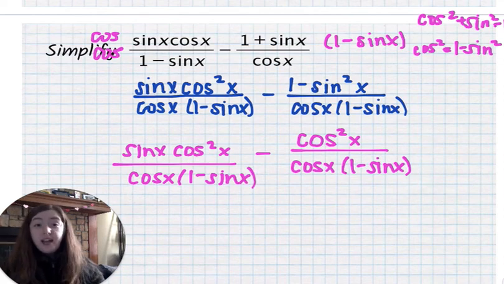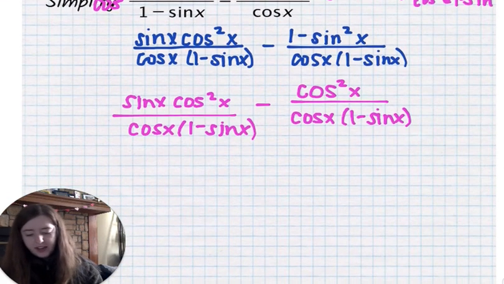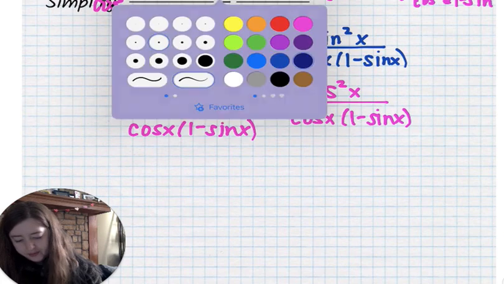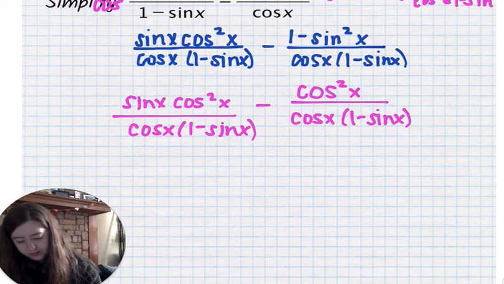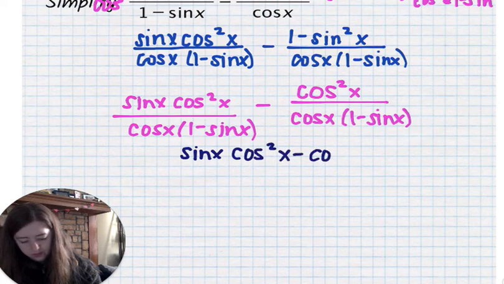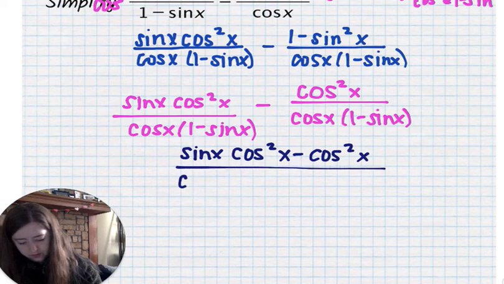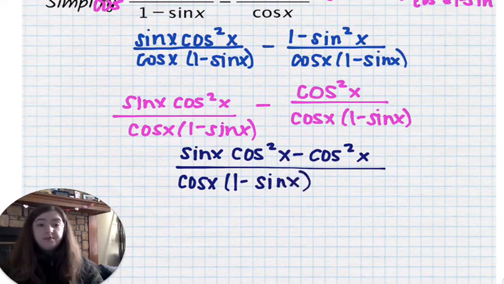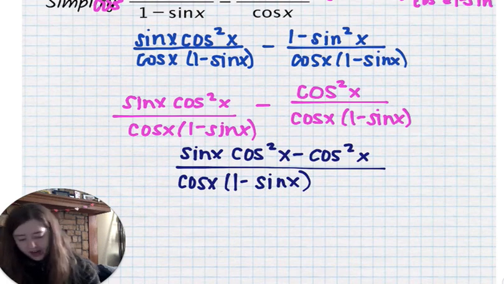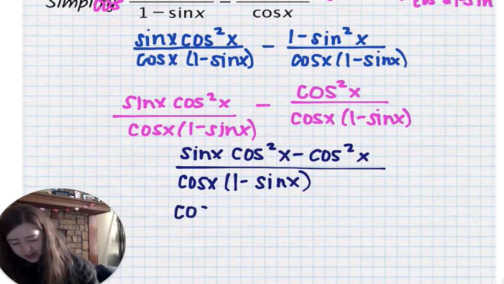So now we have common denominators. We can combine these together. I'm going to go ahead and factor out a cosine squared in my numerator.